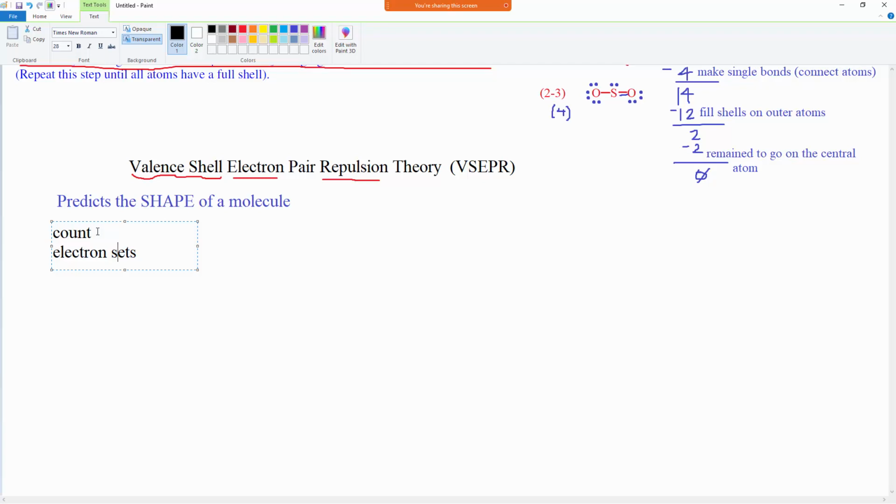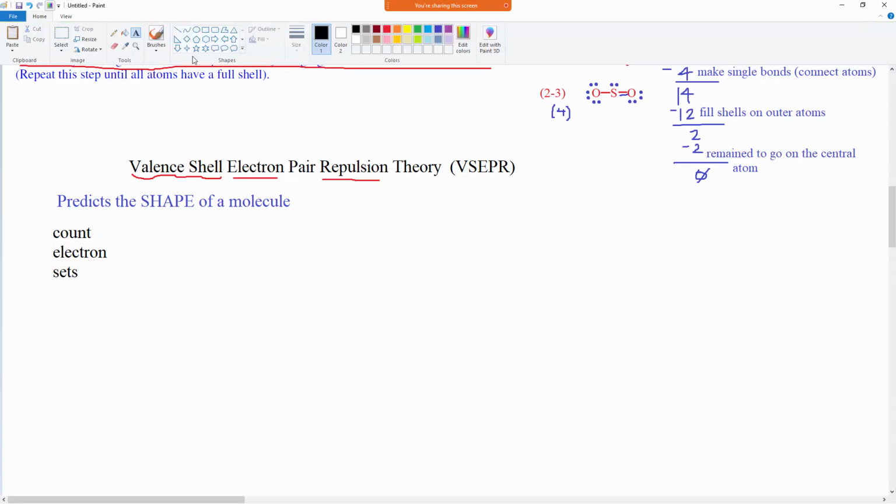Your book might call it a charge cloud. That sounds weird to me. I always learned it as electron sets. A set of electrons is a group of electrons that belongs to an atom. You can have 2 electron sets, 3 electron sets, or 4 electron sets, right?